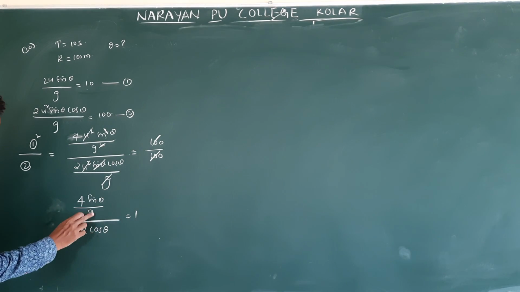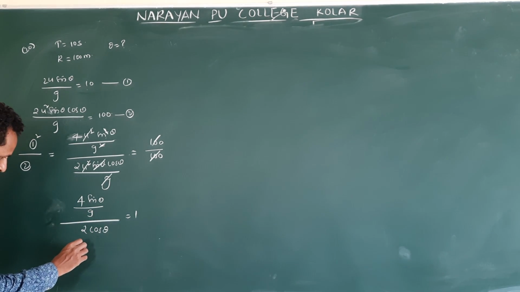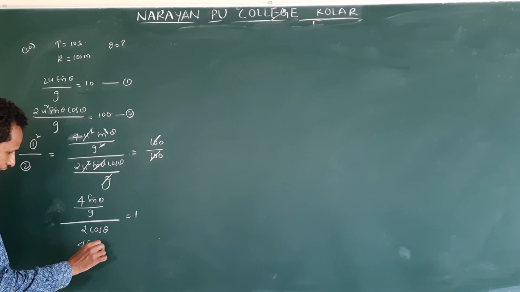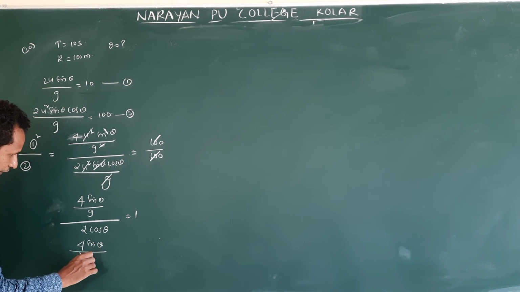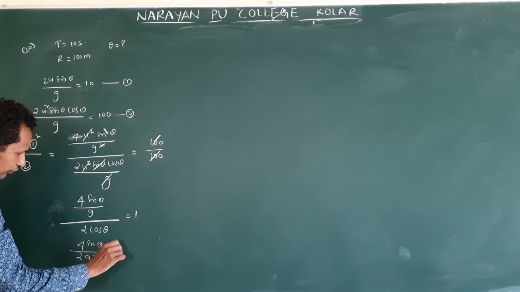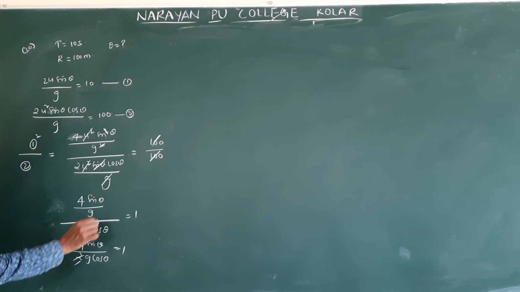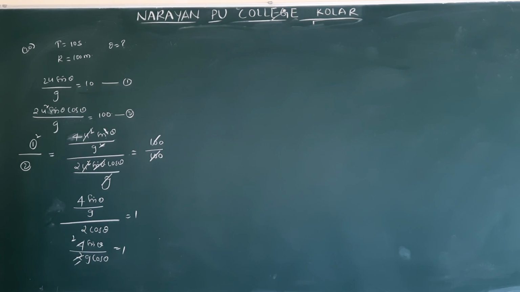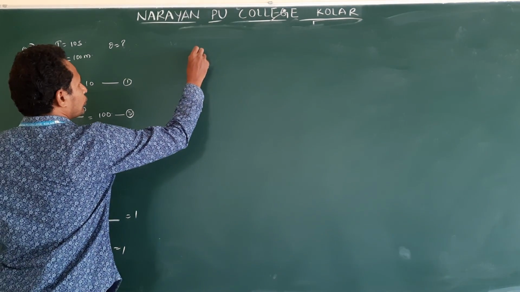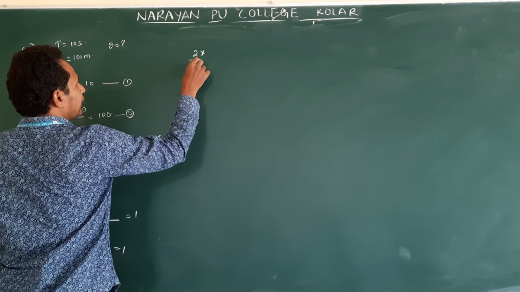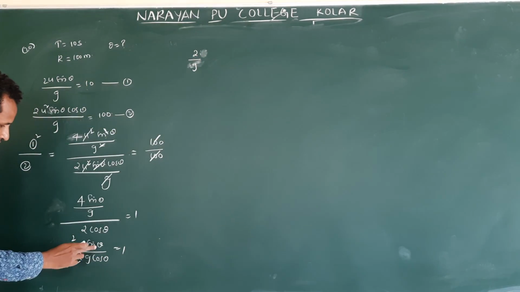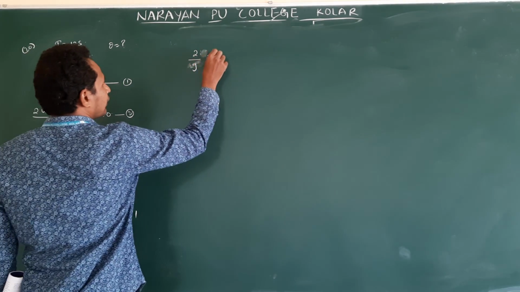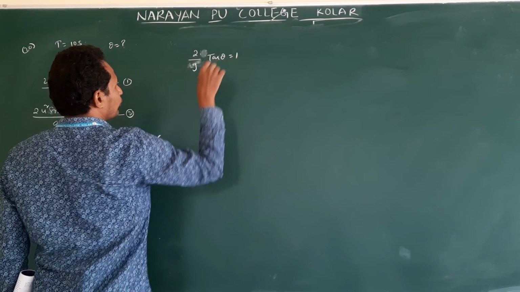Again this comes down to 4 sin theta by 2g cos theta is equal to 1. These two 2's cancel. Am I correct? So 2 by g, sin theta by cos theta, tan theta is equal to 1.